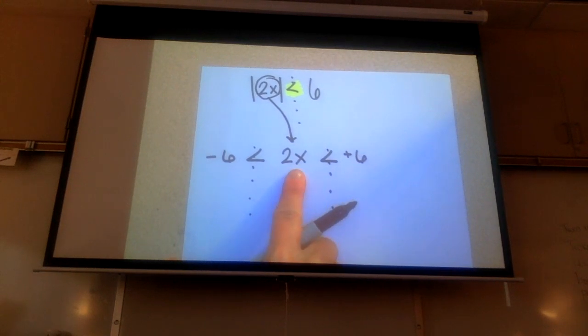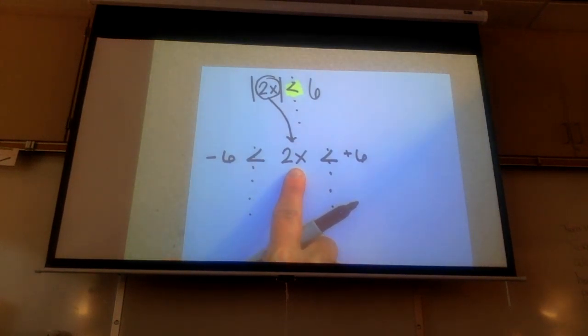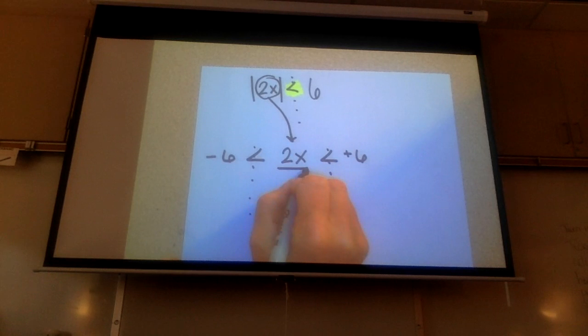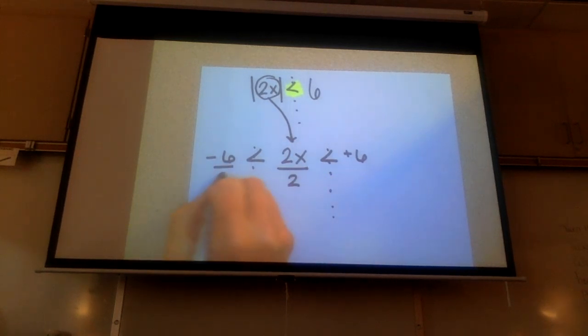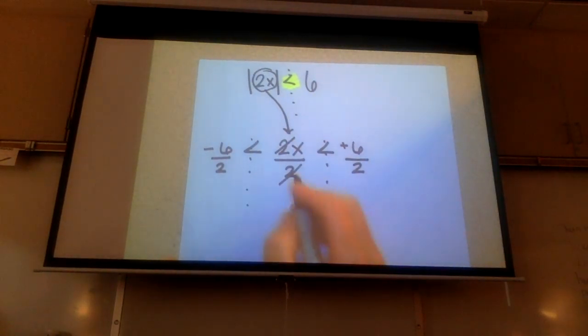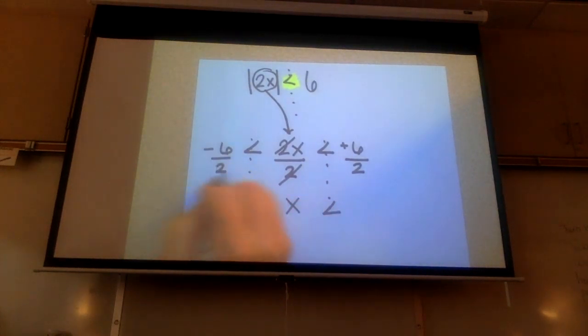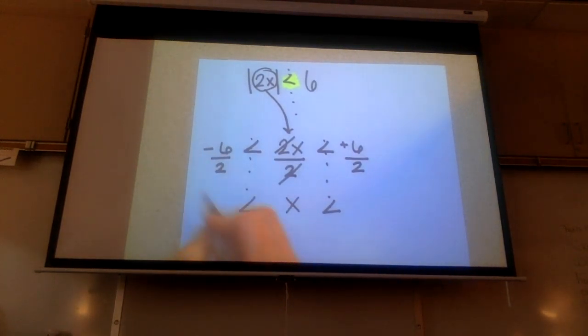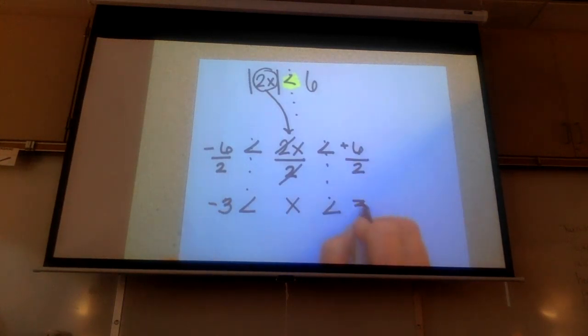This says 2 times x. To get rid of times, we're going to divide. What I do here, I do 3 times. Remember, triplets. These 2's are going to reduce down to 1, so they're gone. Over here, I have negative 6 divided by 2 is negative 3. And on this side, I have a positive 3.